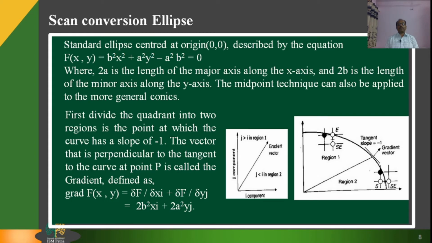The gradient is defined as grad f(x, y) = delta f by delta x i plus delta f by delta y j, which equals 2b square x i plus 2a square y j. So, the boundary between the two regions is the point at which the slope of the curve is -1.